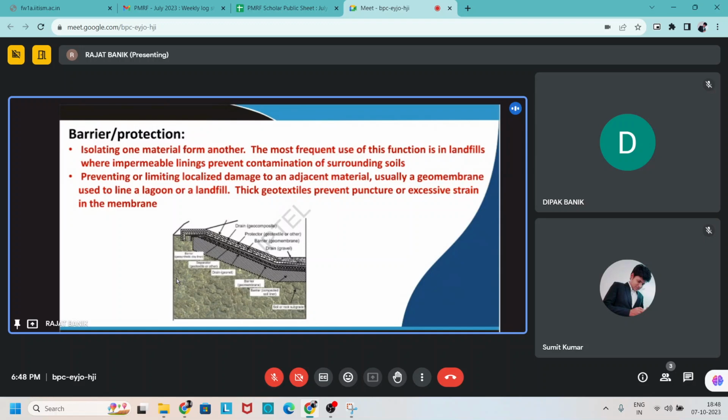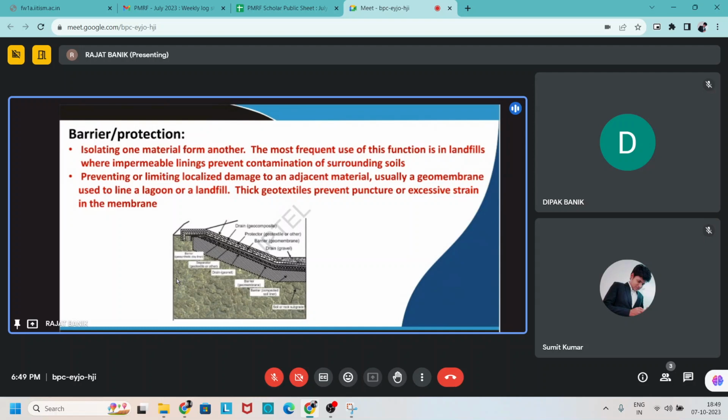It also prevents or limits localized damage to the existing material. Mostly geomembrane is used as the geosynthetic material, and sometimes thick geotextile is also used to prevent puncture and excessive strain of the membrane.